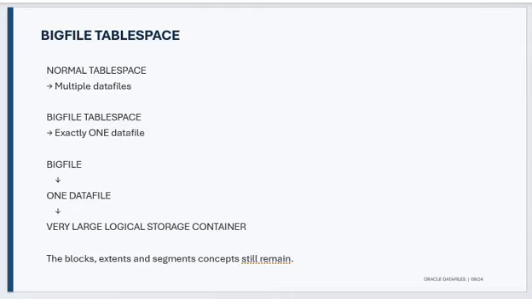In normal tablespaces we can have multiple data files. A bigfile tablespace consists of exactly one data file. The advantage is simplifying the management of a very large logical storage container. Instead of managing many individual data files, the DBA can manage the tablespace as a single unit.